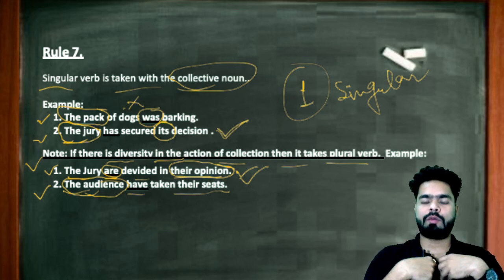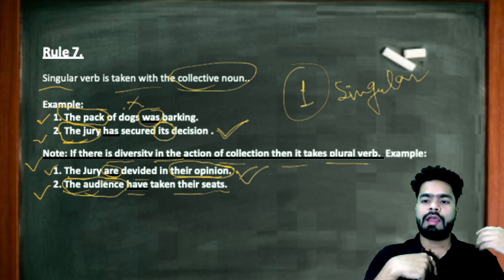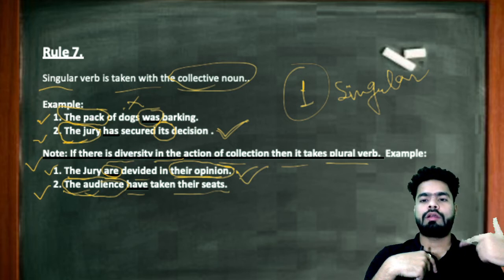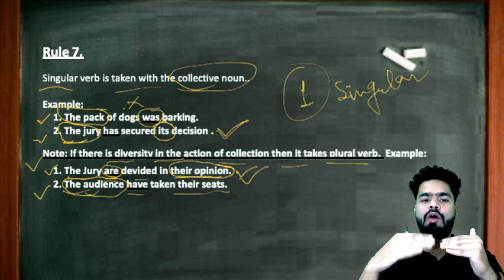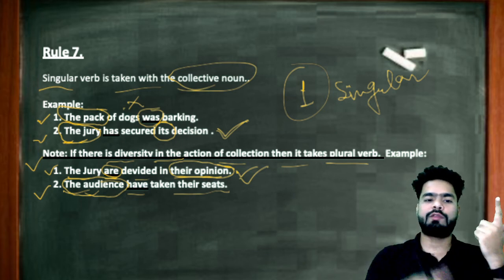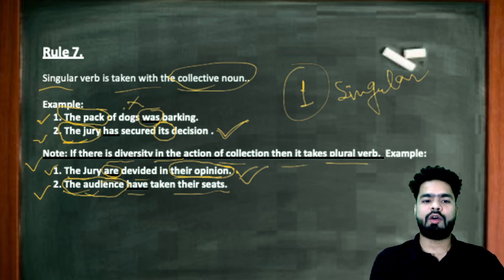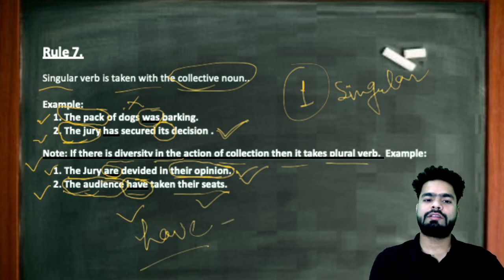I will sit on my own seat, someone else will sit on another seat, which means the seats are different, the audience are sitting on the different seats, which is why we will treat the audience as plural, because their seats are different. This is why we have used have, because our audience have become here as plural.